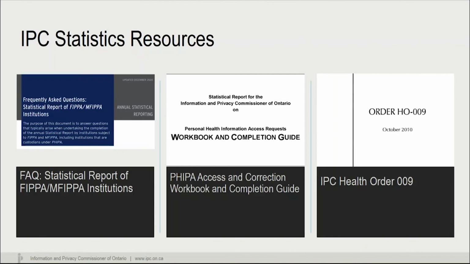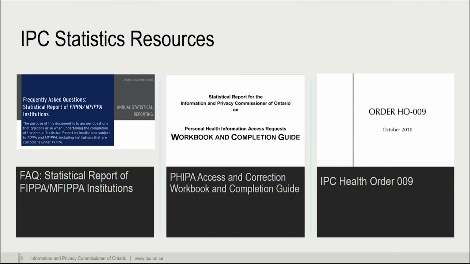And the other one is Health Order Number 9. We talked about it under the fees section. It's the go-to resource when you're asking yourself, okay, you have the right to charge a fee, but the question is what to charge. The recommended fee guidelines are based on this order. It's a 30-page order, so if you don't have time to read the entire order, specifically focus on pages 20 to 25.